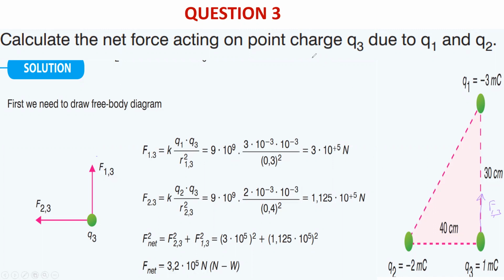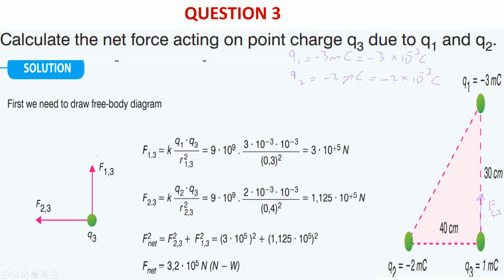Let's write all of them. Q1 equals, let's say, negative 3 mC, equals negative 3 times 10 to the power of negative 3 coulombs. And then Q2 is equal to negative 2 mC, equals negative 2 times 10 to the power of negative 3 coulombs.